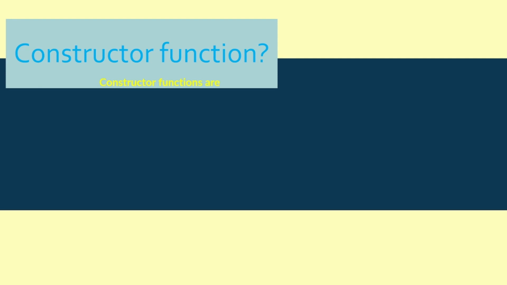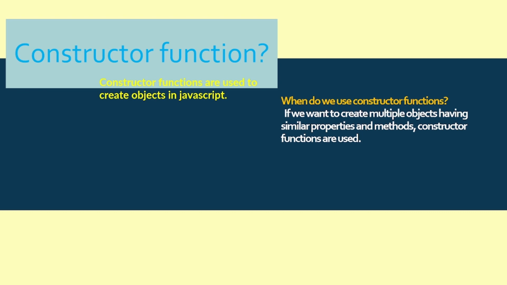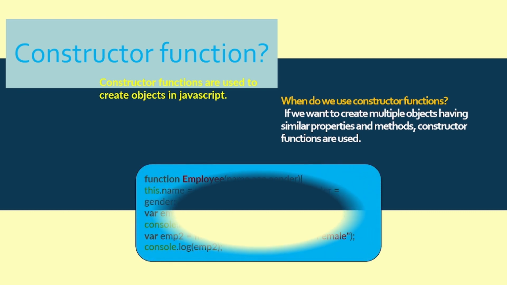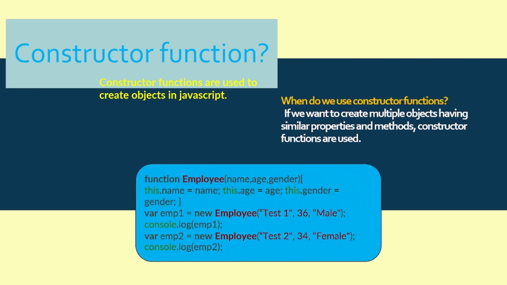Constructor is a very important thing for any object-oriented programming language. In JavaScript, constructor functions are used to create objects. So here you can see I am creating one simple constructor like employee, and I am creating two different objects like employee1 and employee2.